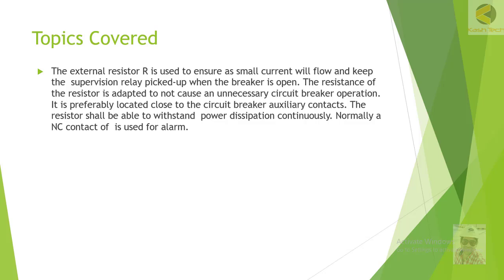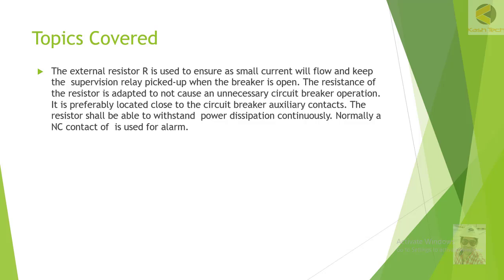It means that if we do not install a resistor, the voltage drop across the sensing relay coil will be very small, and the remaining voltage could be enough to operate the trip coil. Or in case the coil of the trip circuit supervision relay is burned or short circuited, it will result in maloperation of the circuit breaker, because it will let all the voltage and current go through the coil itself.